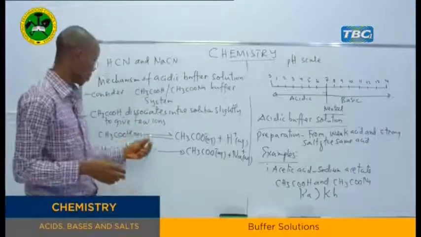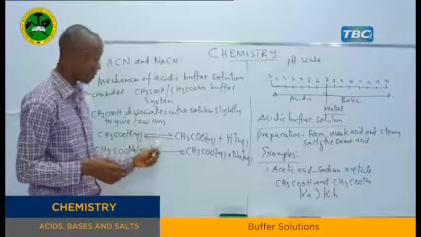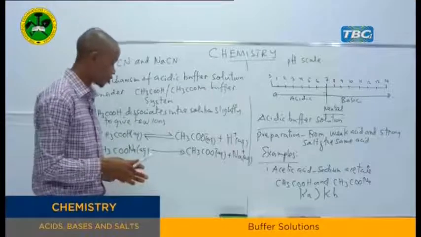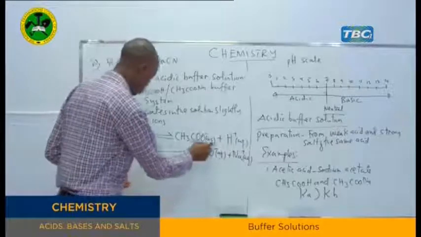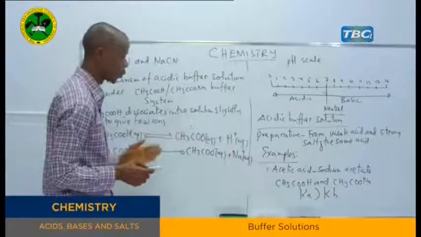If you remember, I told you that there is an equilibrium, and as you can see, there is an equilibrium here. So the concentration produced by the strong salt will disturb the equilibrium.